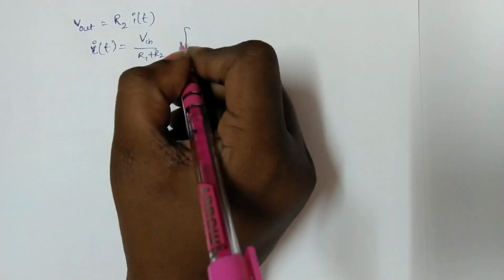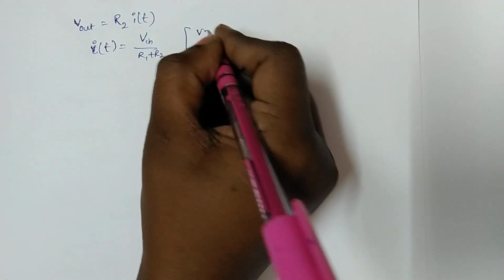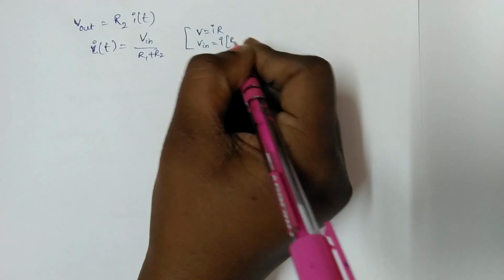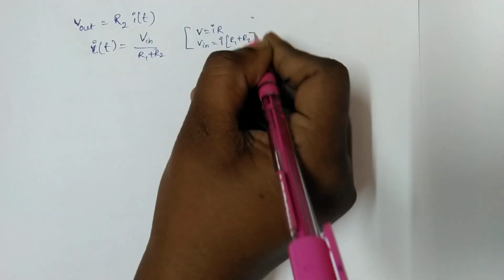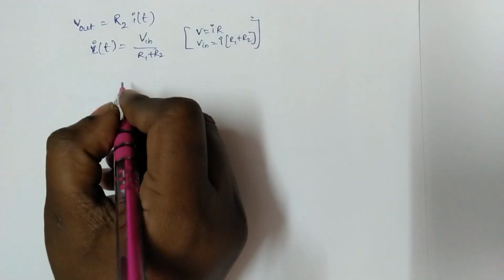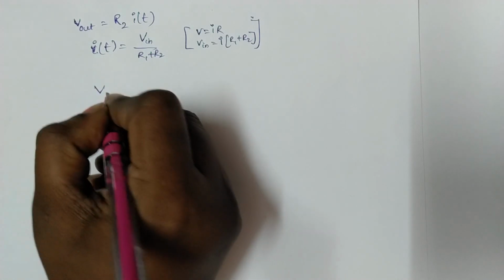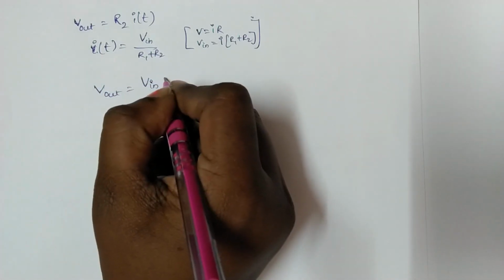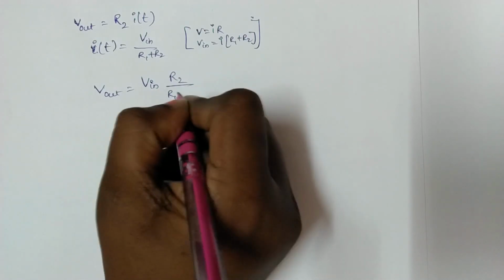From the previous attenuation factor, we know V equals I into R, so V input equals I into R1 plus R2. So now V output equals V input into R2 by R1 plus R2.